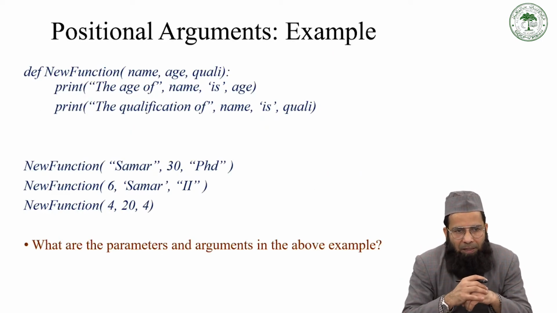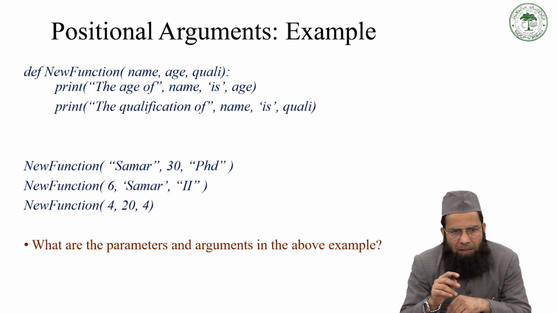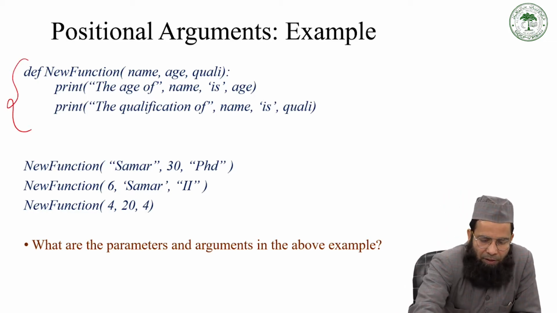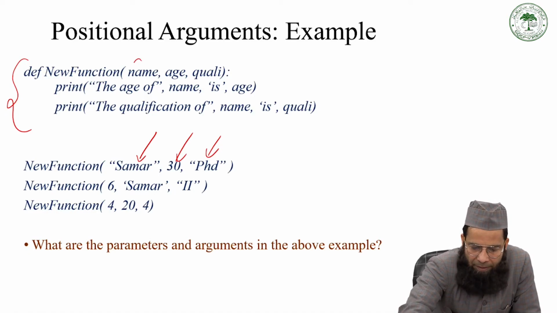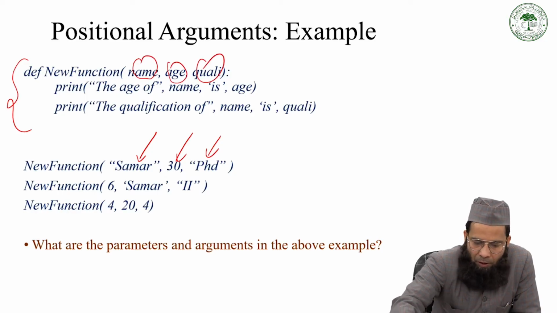There is an example here. This is the function definition, right? And this is the function call. These are actually arguments, and these are parameters. Here the values are passed as summer, 30, PhD.